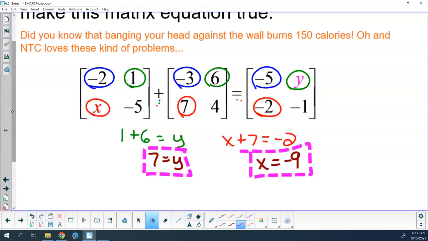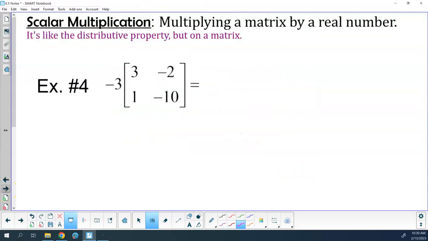Okay. All right. The next concept that we have to talk about is scalar multiplication. Now, scalar multiplication in a matrix is different than matrix multiplication, which we'll learn on Wednesday. Scalar multiplication is just like the distributive property, but it's in a matrix.